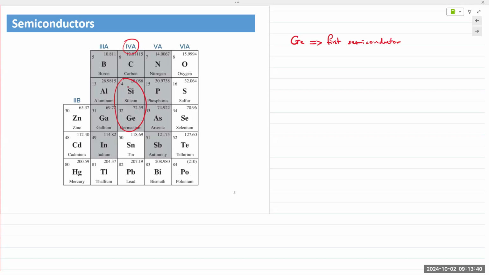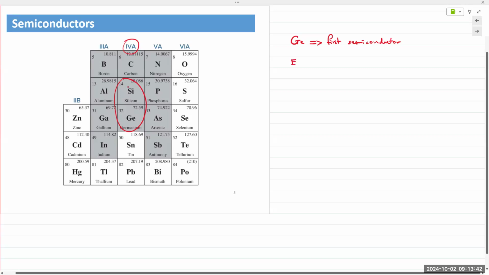Single element semiconductors are known as elemental or intrinsic semiconductors. And so those would be silicon and germanium.